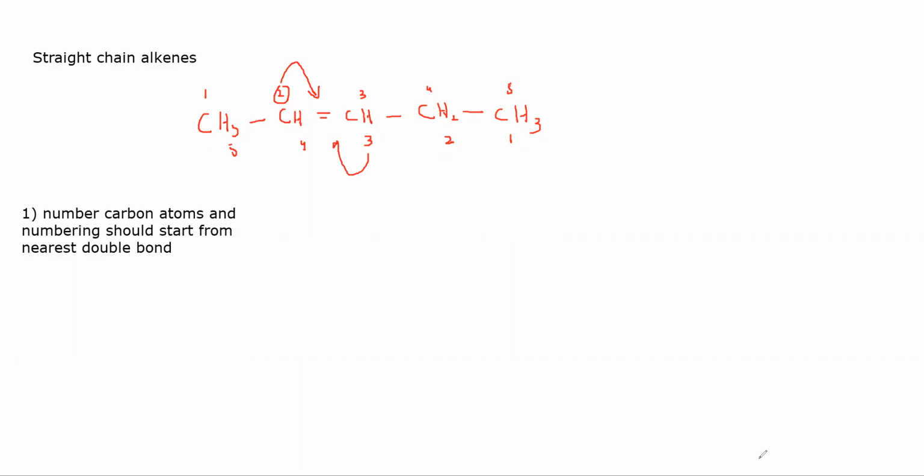From left to right, because the double bond is at the second position, and here the double bond is at the third position. Then how to name this? Use the prefix for the carbon number.